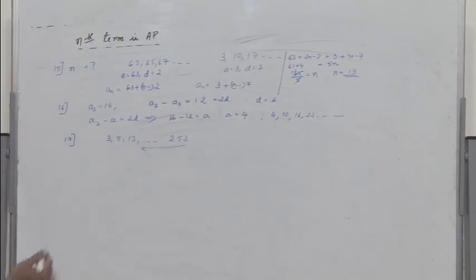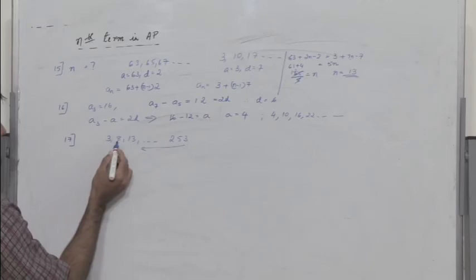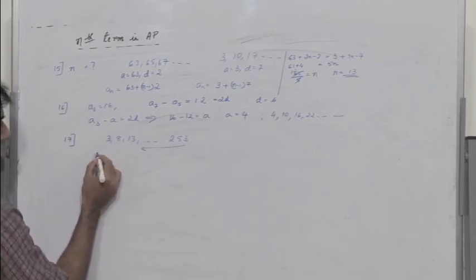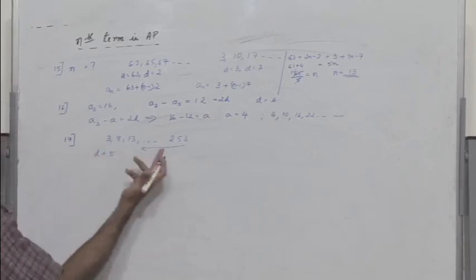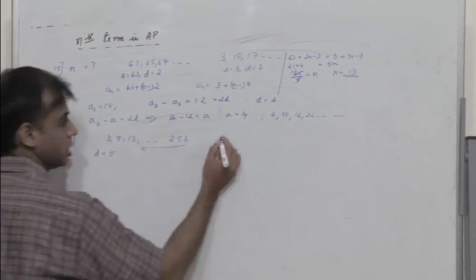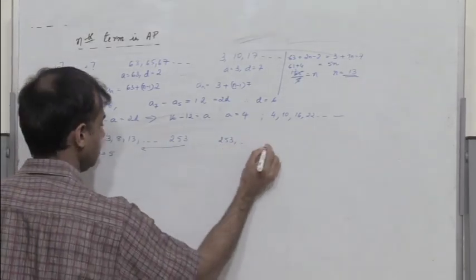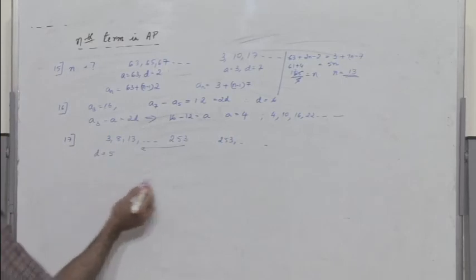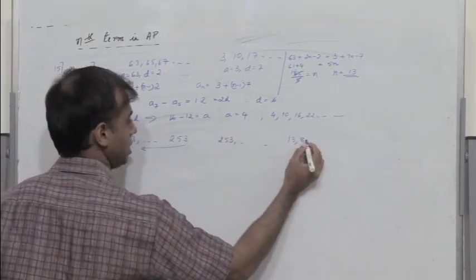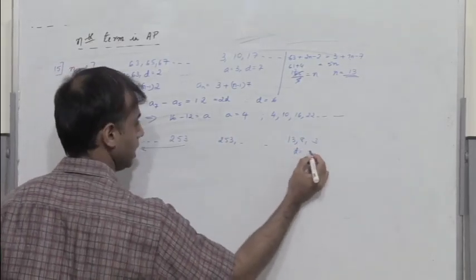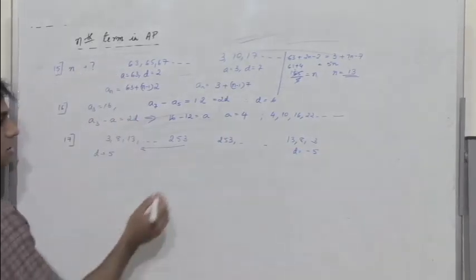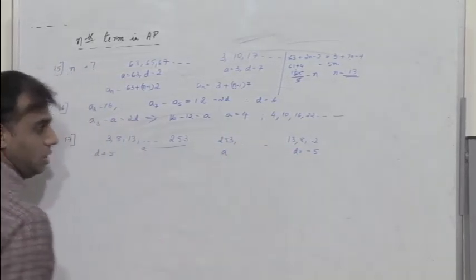What is D? D is 8 minus 3, so D is 5 here. If I interchange the arithmetic progression, I have 253 as the first term, and then 13, 8 and 3. So D here will be minus 5. This is going to be A, and I need to find A20.